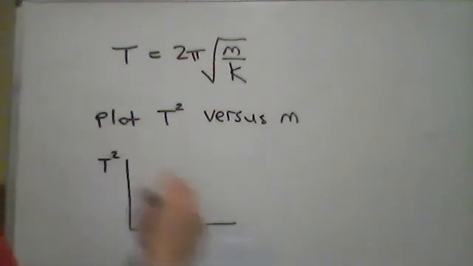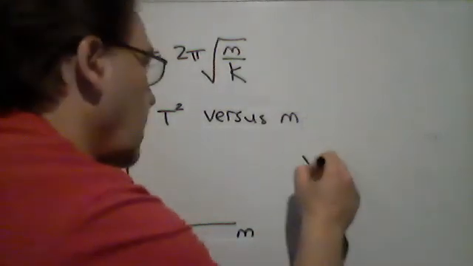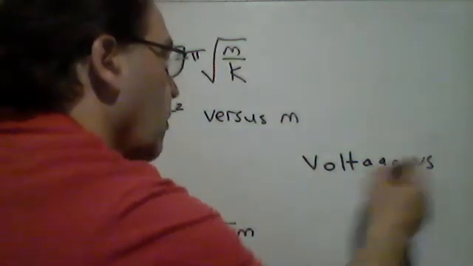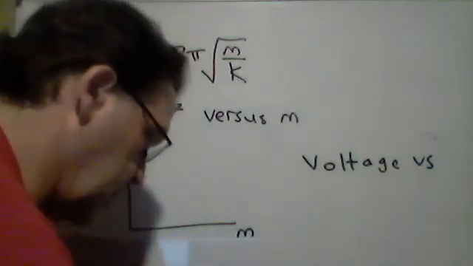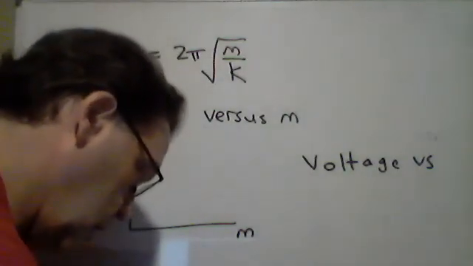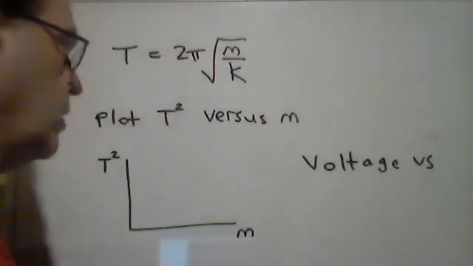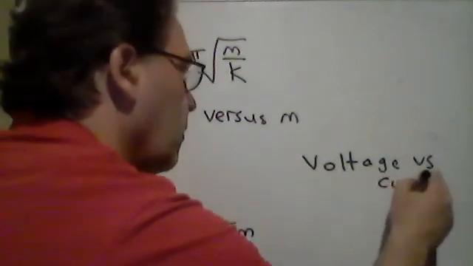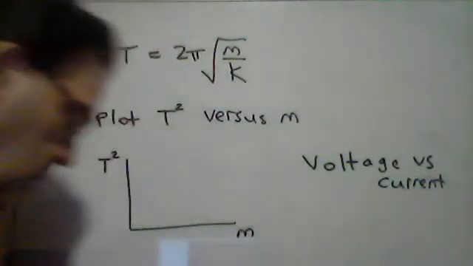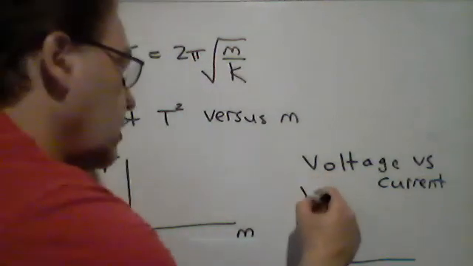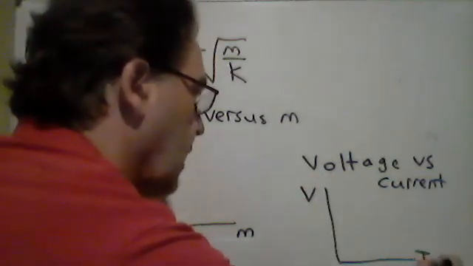If I were to tell you voltage versus current, like in the first page, the first thing you read goes on the y-axis, and the second thing you read goes on the x-axis.